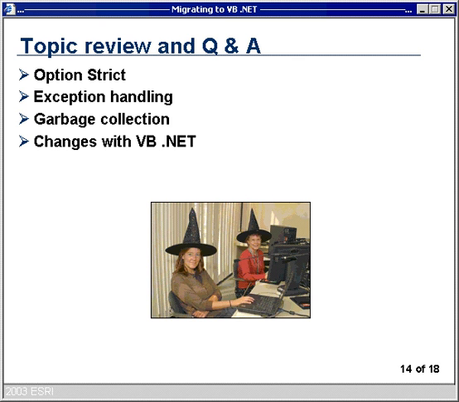Will from Australia wants to know if we can quickly re-explain the QI problem when Option Strict is on. That's a good question because this is a really important topic. If you have Option Strict turned on, Visual Studio .NET is going to enforce type safety. Therefore, you can't simply query interface by setting, for example, a feature layer to a layer.